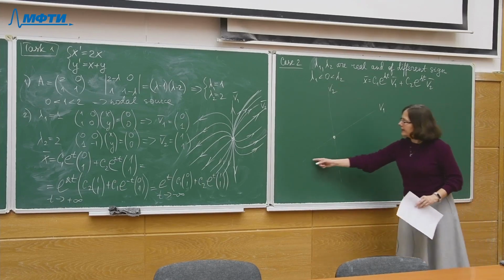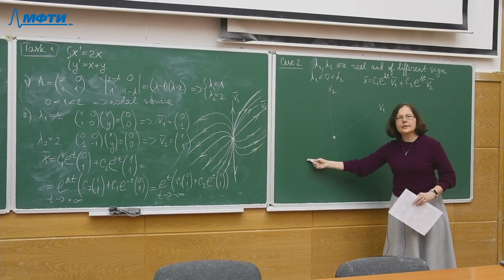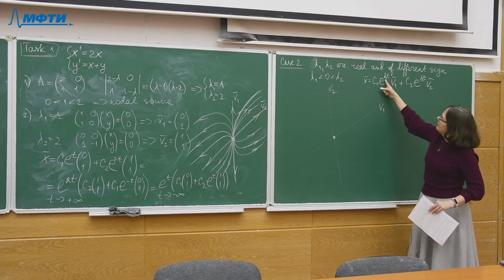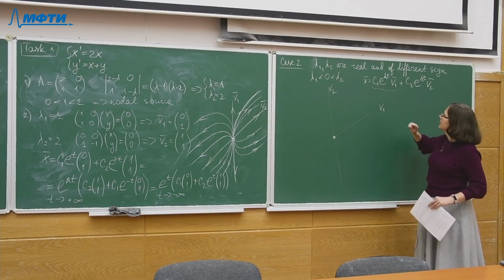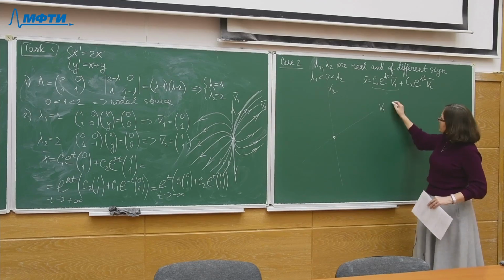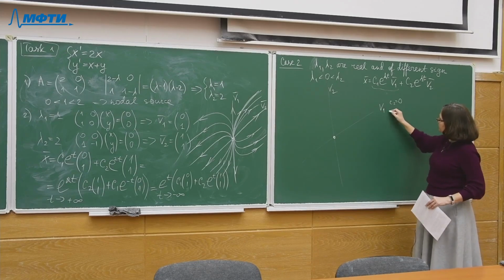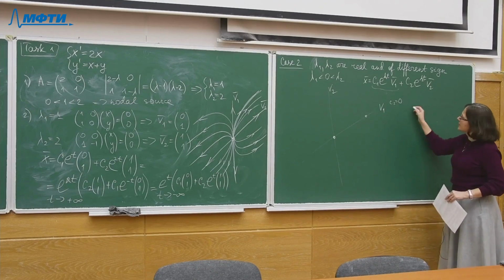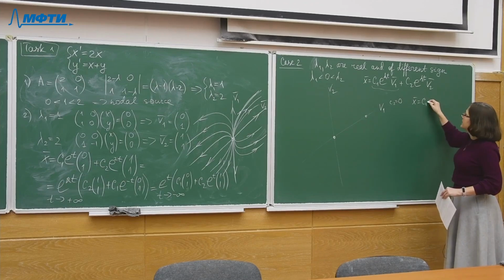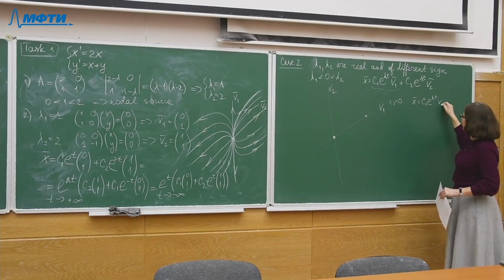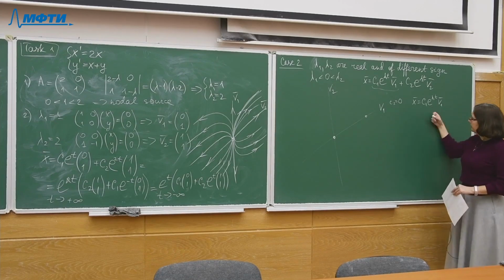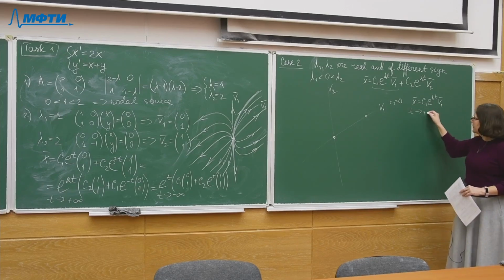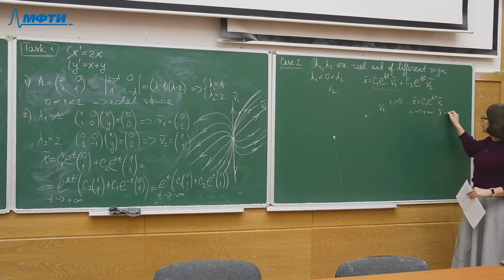Well, let's analyze first the line through v1, for example. So lambda 1 is negative. So in this case, we have c2 equals 0 if we start on v1. Then c2 is 0, and the solution has the form c1 e to the power lambda 1 t v1. Since lambda 1 is negative, as t approaches positive infinity, x approaches 0.